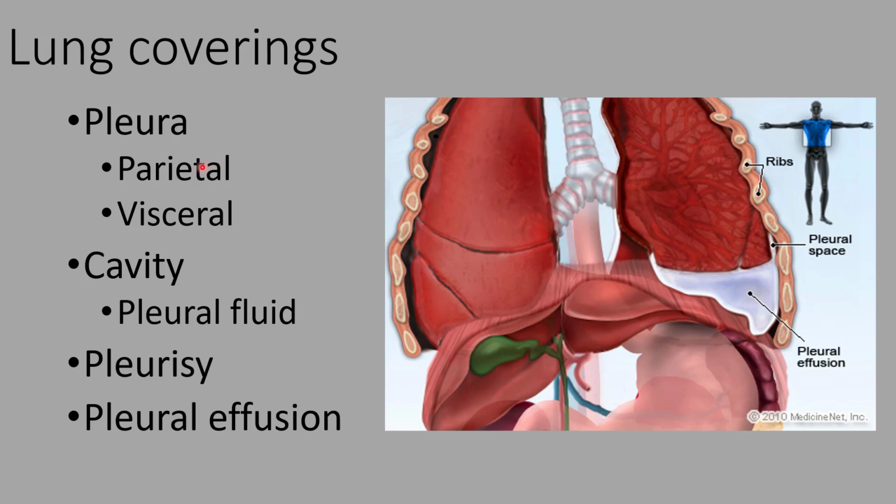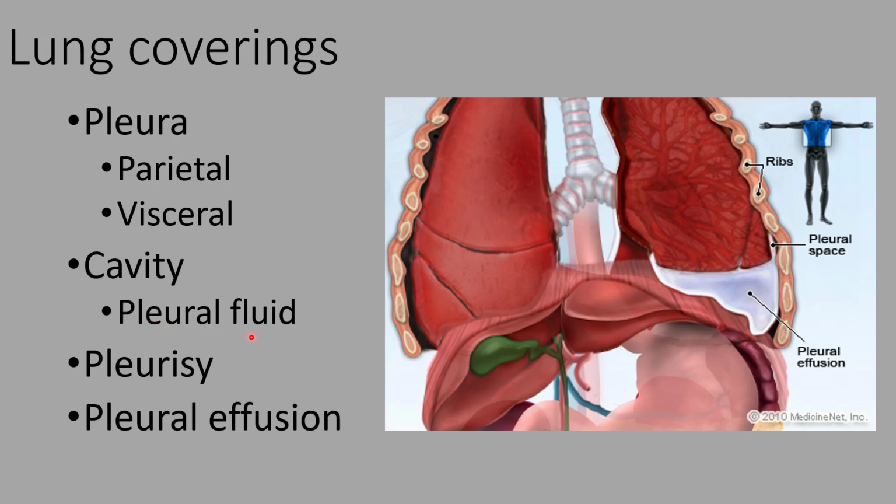So the parietal pleura lies directly on the surface of a lung. The visceral pleura is the outer layer, and it lies against the chest wall, or the inside cavity of your rib cage. The space in between is called the pleural space, and it is filled with pleural fluid.